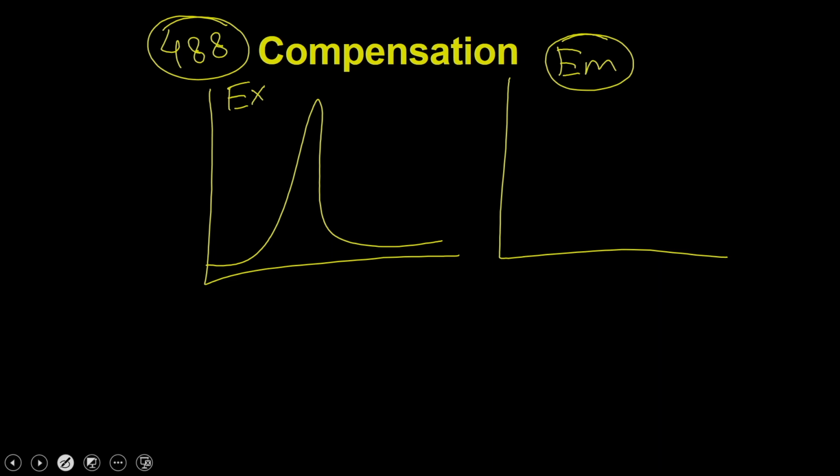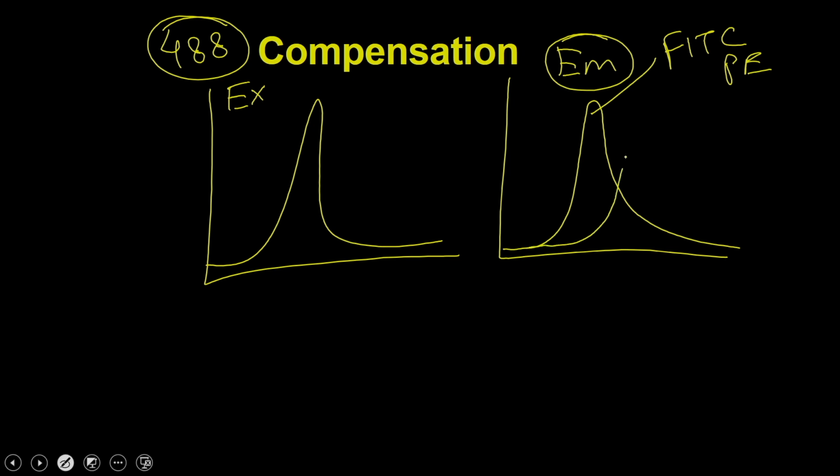For example, suppose one dye has an emission spectrum like this, this is FITC, and the other dye is phycoerythrin or PE, which has an emission spectrum like this.